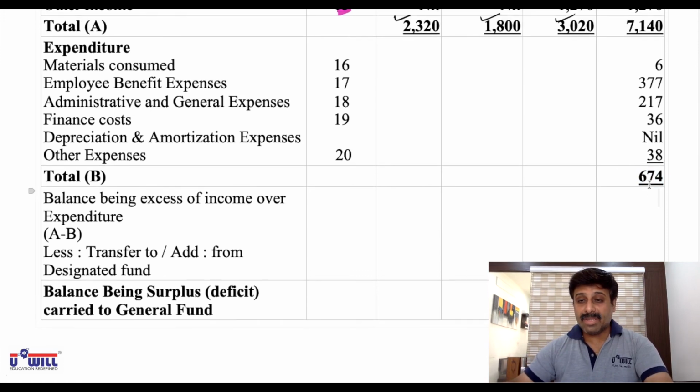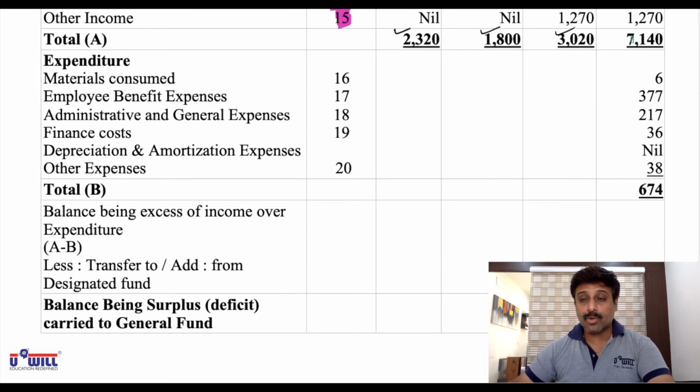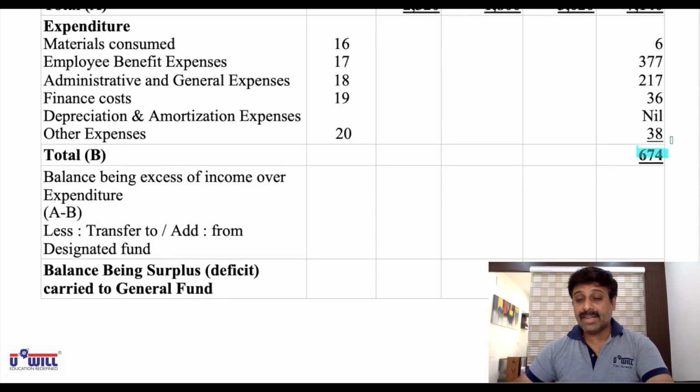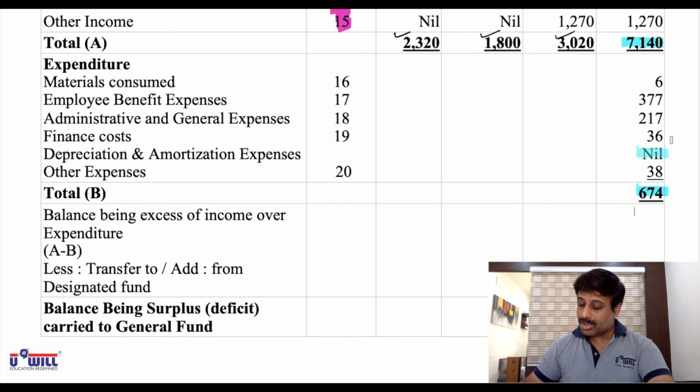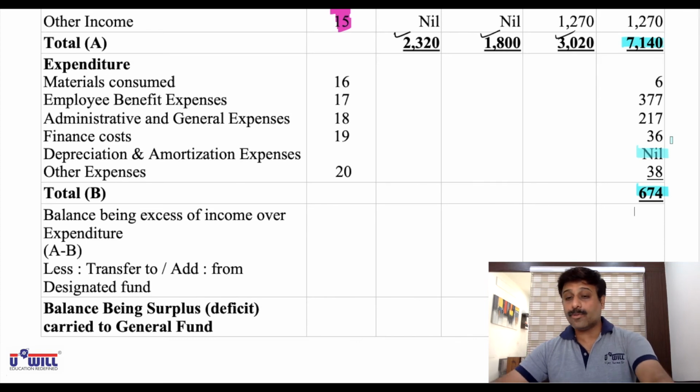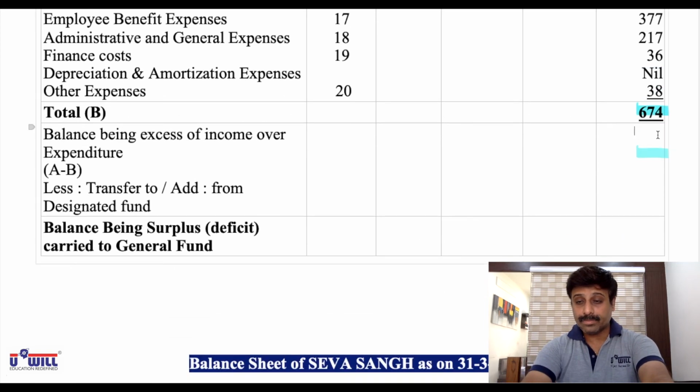Now A minus B we will do, so 7140 minus 674. That is 6466, the excess of income over expenditure.